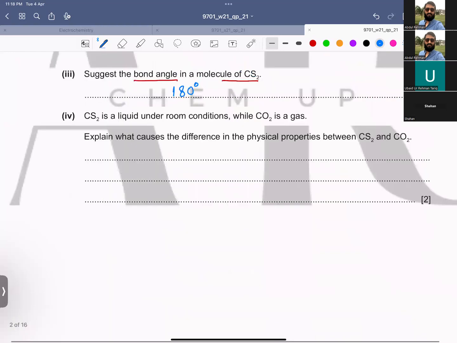Now part 4. CS2 is a liquid under room conditions while CO2 is a gas. Explain what causes the difference in the physical properties of CS2 and CO2.